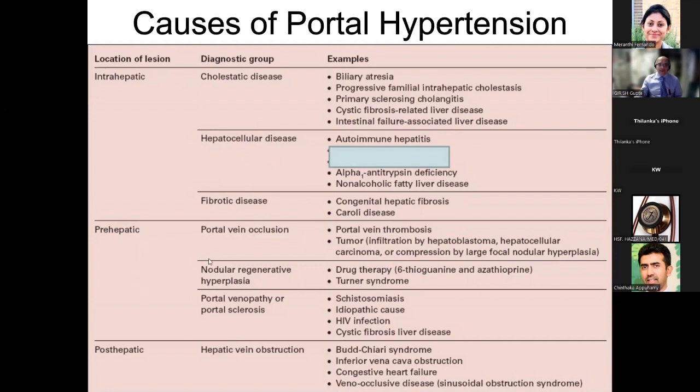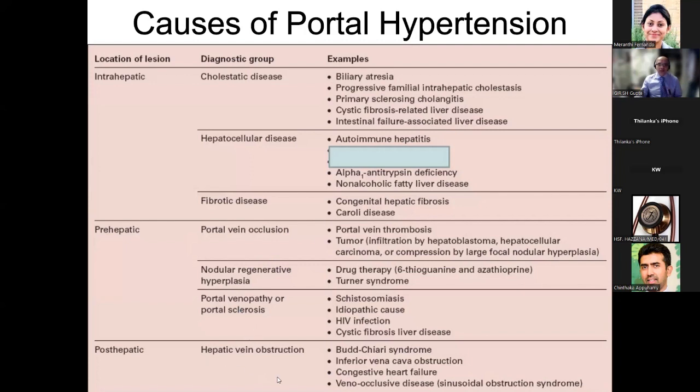The prehepatic causes of portal hypertension are related to portal vein occlusion or extrahepatic portal vein obstruction, which we see mainly with portal vein thrombosis, secondary to umbilical vein catheterization in a lot of patients, nodular regenerative hyperplasia, and portal venopathy, which are now again classified as portosinusoidal vasculopathies.